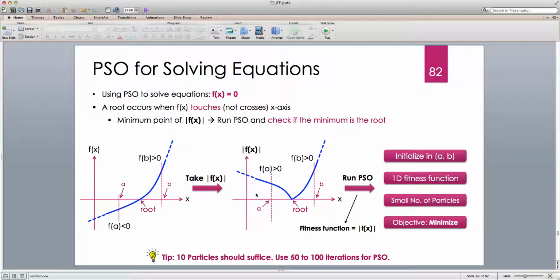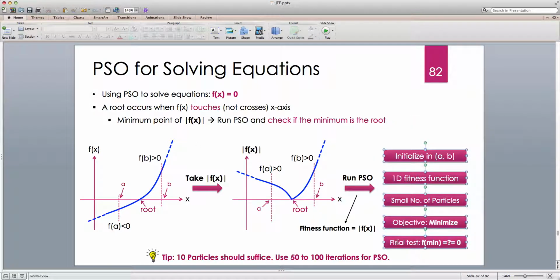But then finally we have to have a final test for the root. So I'm going to write this here, final test: f of min equals, with a question mark, 0, all right? This means that when the PSO finishes and returns a value for the minimum, we have to test whether or not this minimum is actually the root or not, all right?